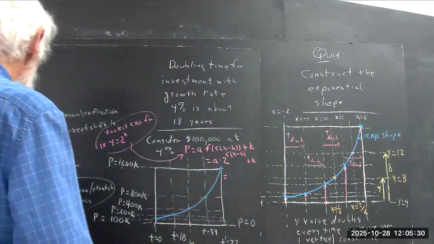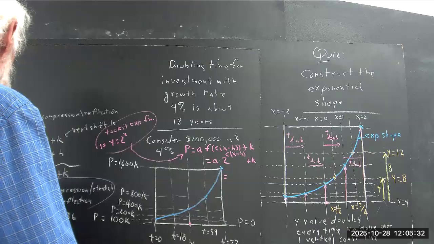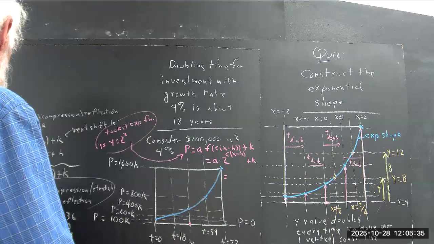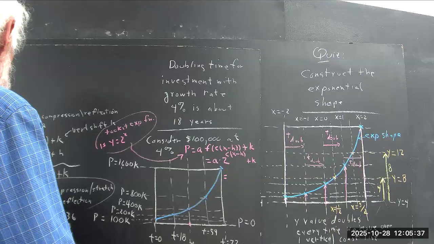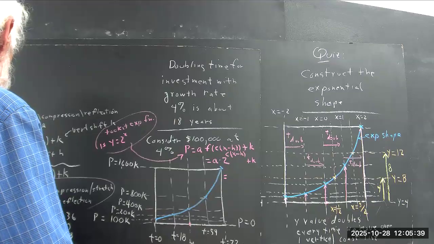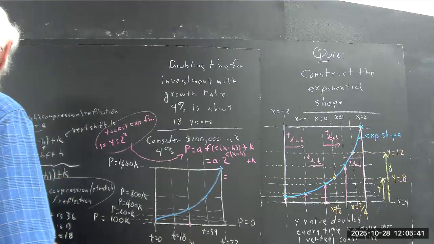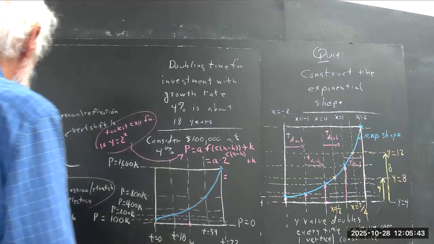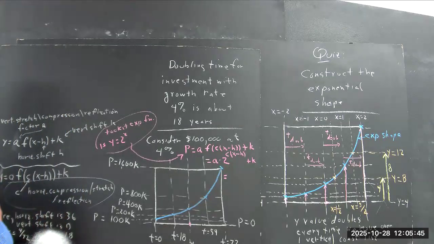Uh-oh. What I wrote down for A is ridiculous, a vertical factor.